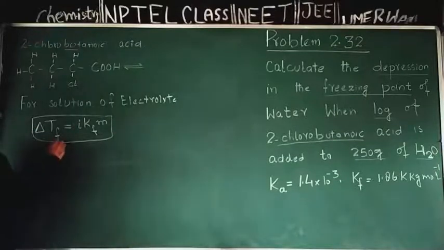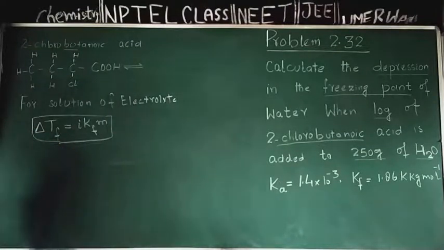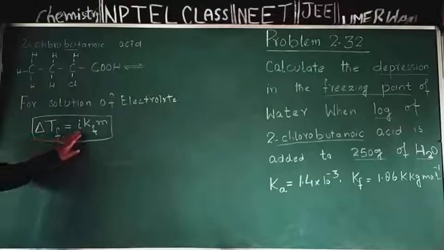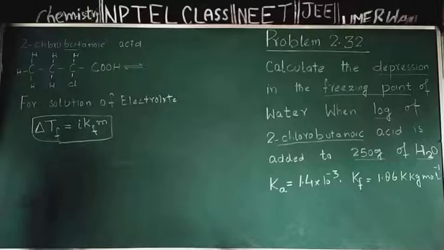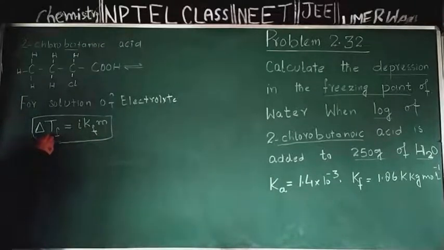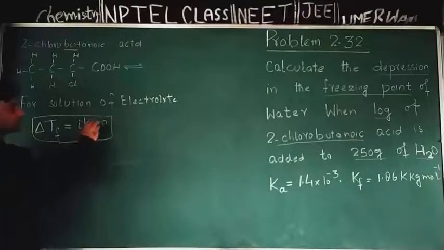containing non-volatile solute. Delta TF is equal to I into KF into M. Now I need to calculate depression in freezing point. For that I need to determine I, KF is given, and I need to determine molality. So 2 parameters I need to calculate in this equation so as to find depression in freezing point.